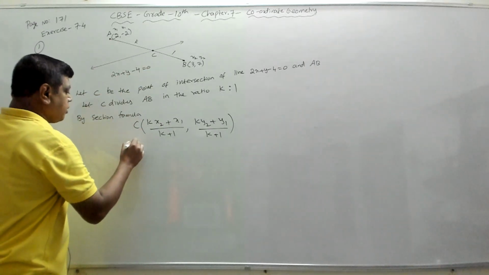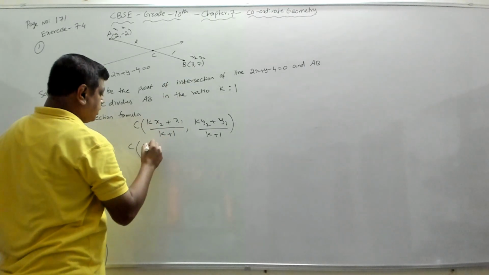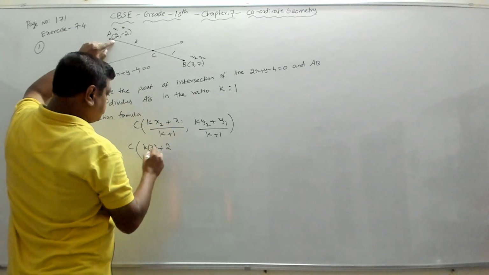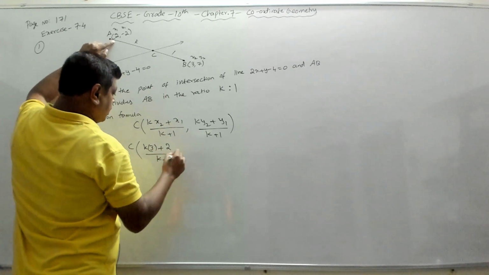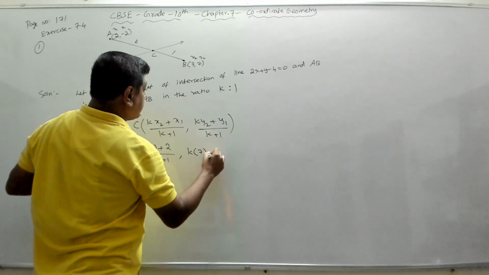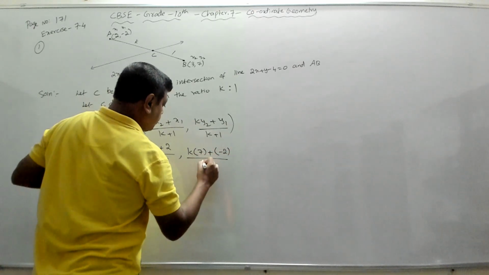So C is (K into x2, which is 3, plus x1, which is 2) by (K plus 1), (K into y2, which is 7, plus y1, which is minus 2) by (K plus 1).